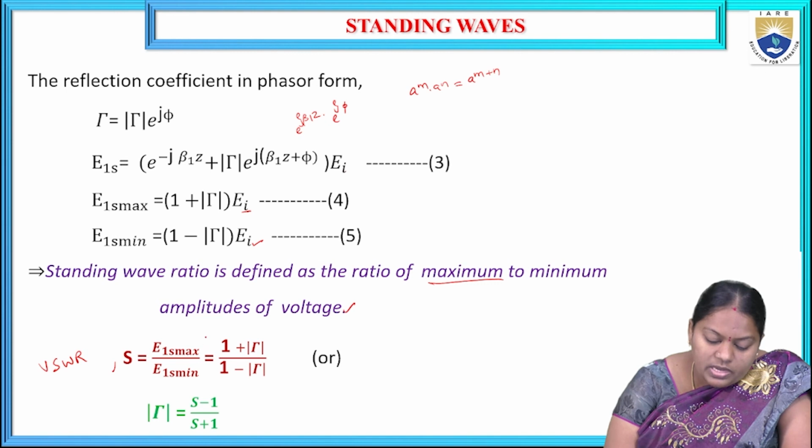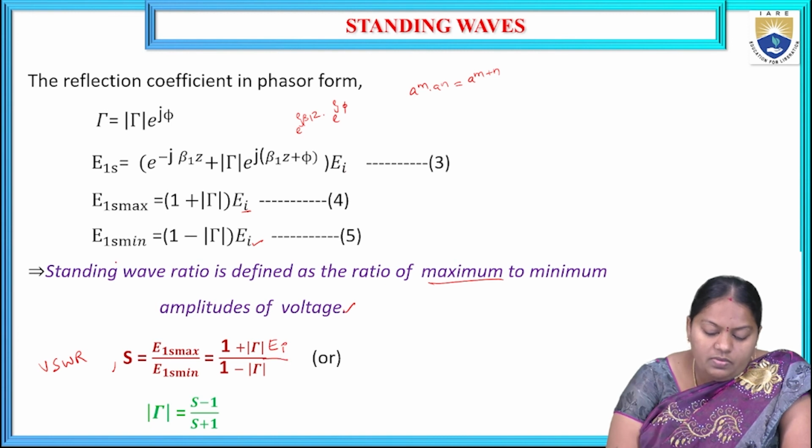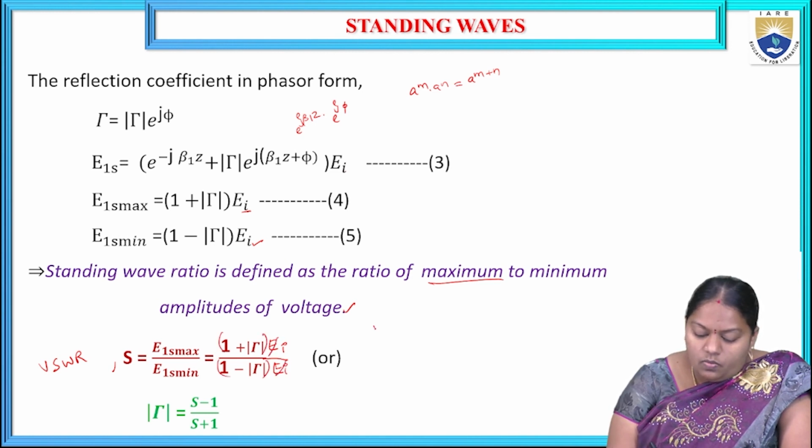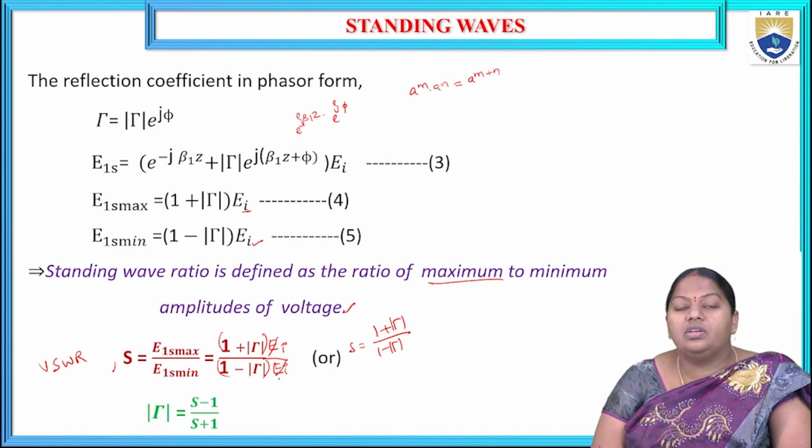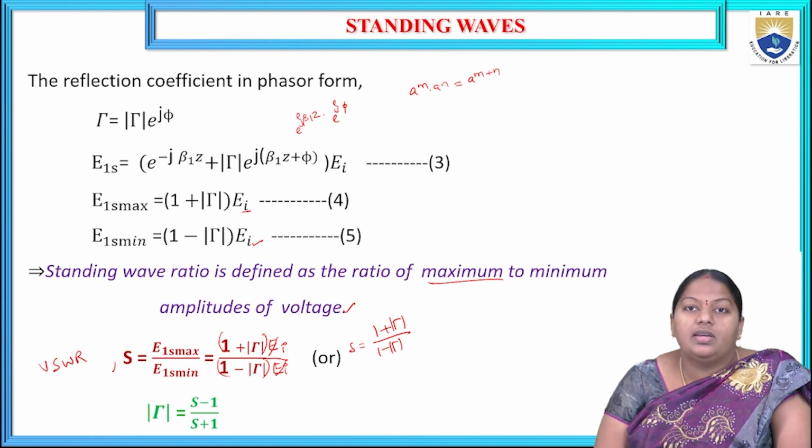E1s maximum is 1 plus modulus of gamma into Ei, and E1s minimum is 1 minus modulus of gamma into Ei. If the Ei terms cancel, 1 plus modulus of gamma by 1 minus modulus of gamma is the value obtained for the voltage standing wave ratio.